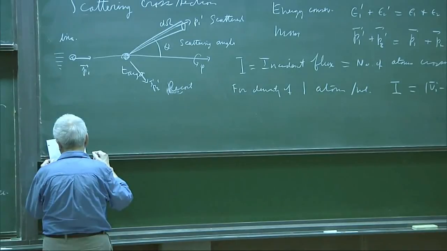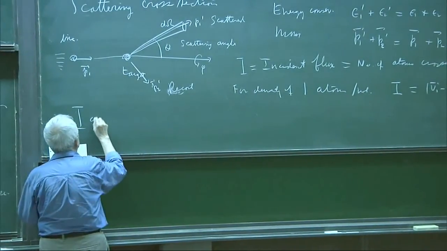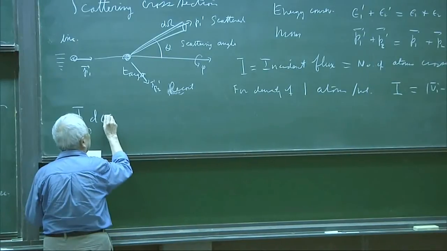So they call it I d sigma. D sigma is the element of scattering cross section.